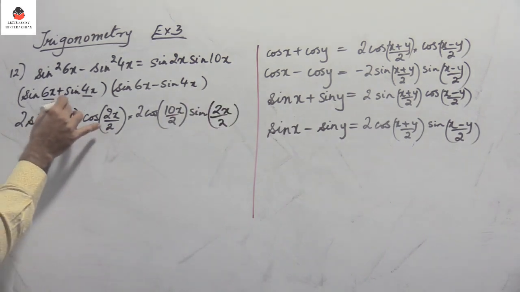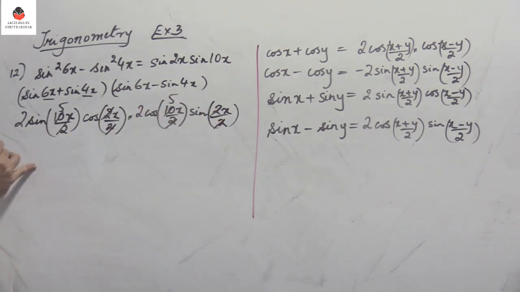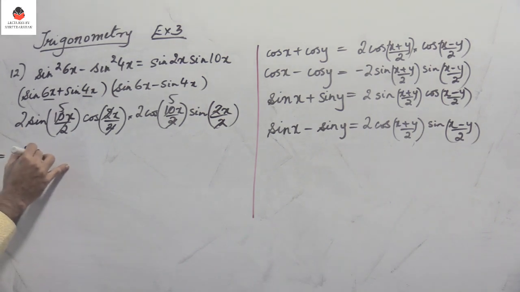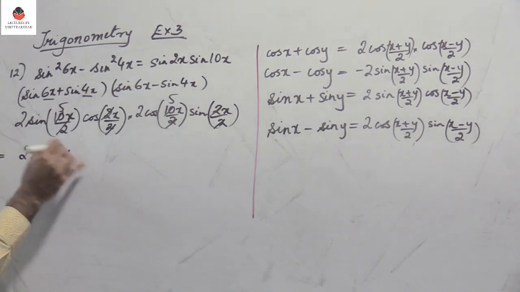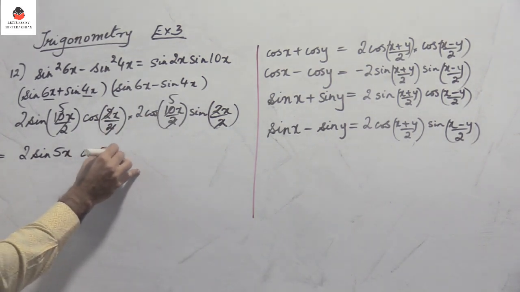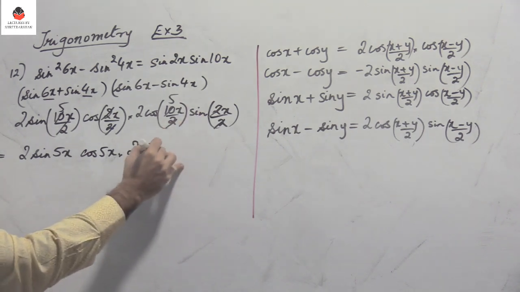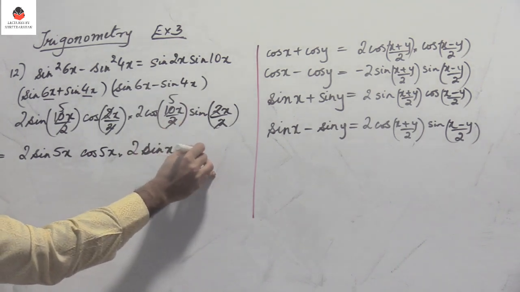So the 2 fives are 2 and the 2s get cancelled. So what do we have? We have 2 sine 5x, and here I have cos 5x, and then 2 sine x cos x.